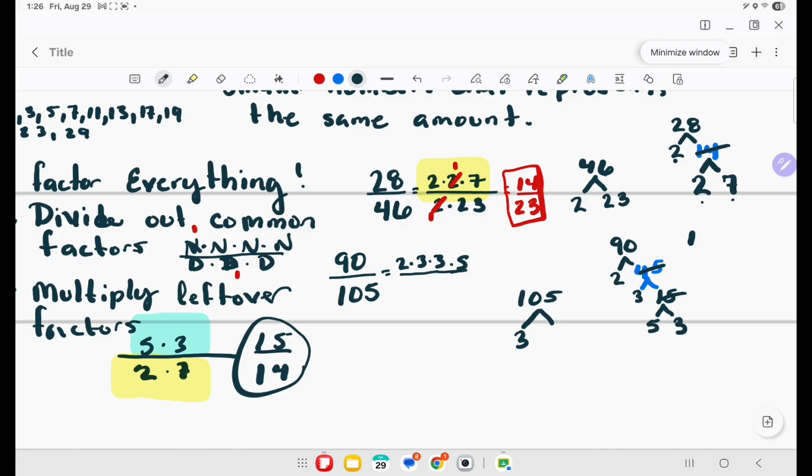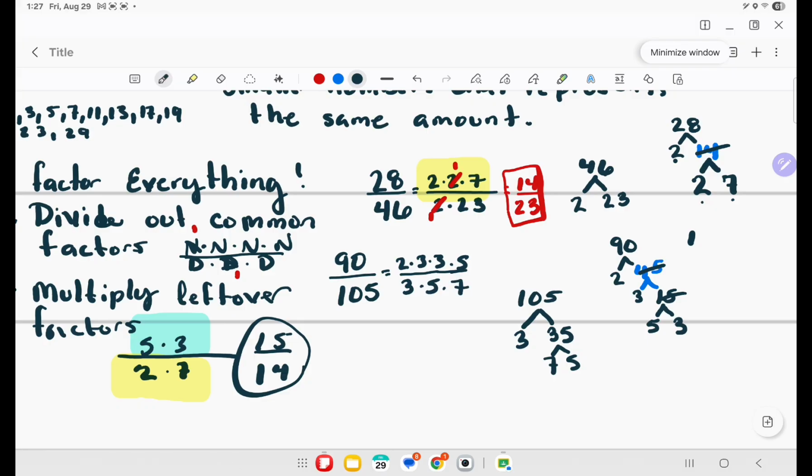Anybody know what we got for 105 when we divide by 3? You could have used 5 and 21. You're still going to get a 3, a 5, and a 7.